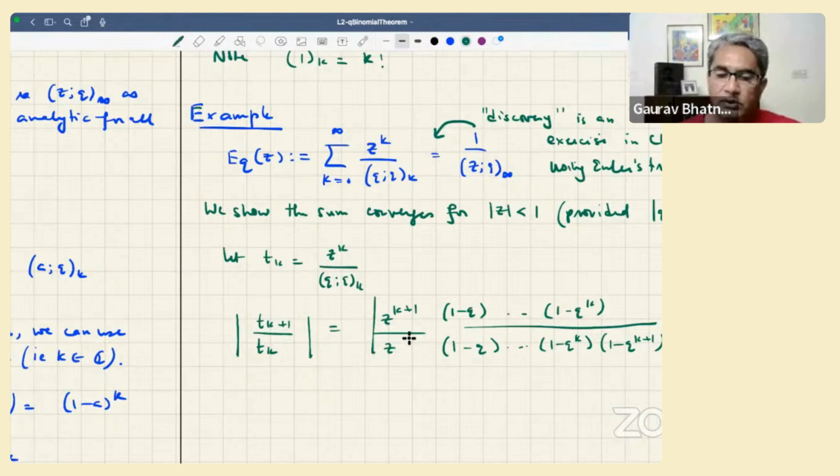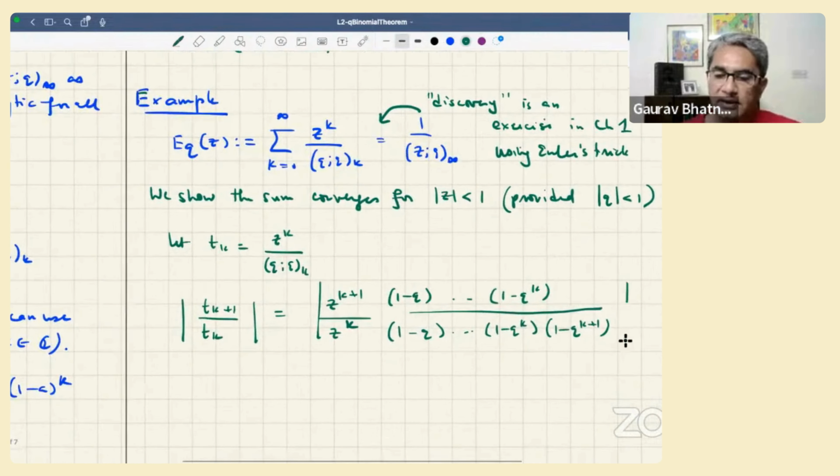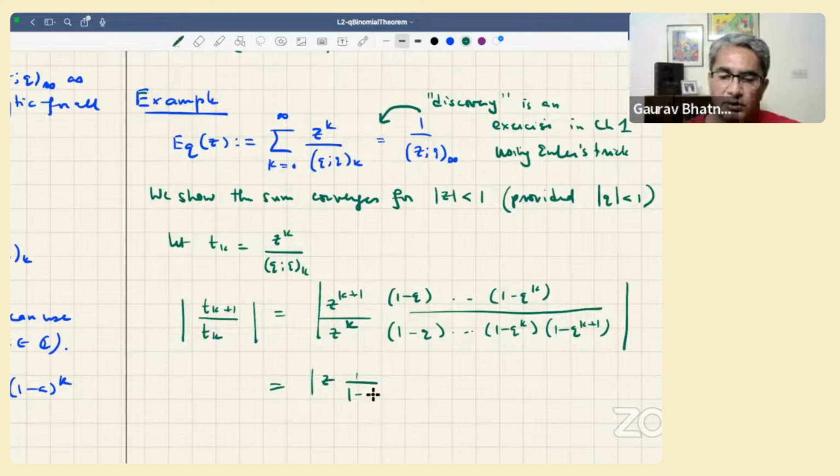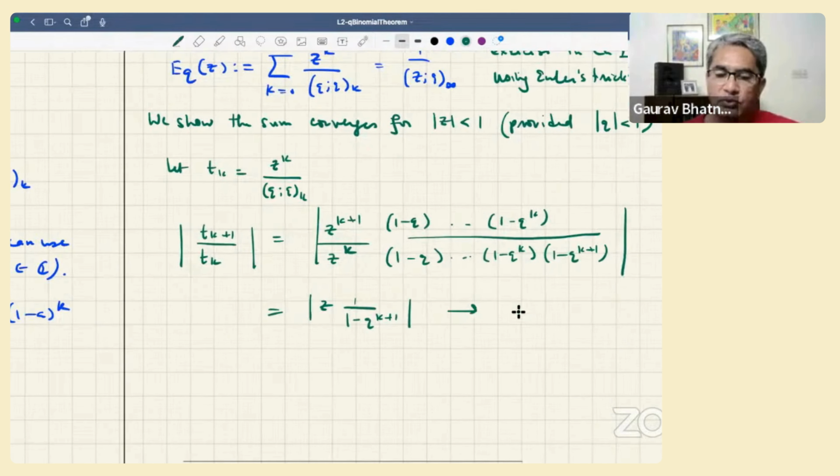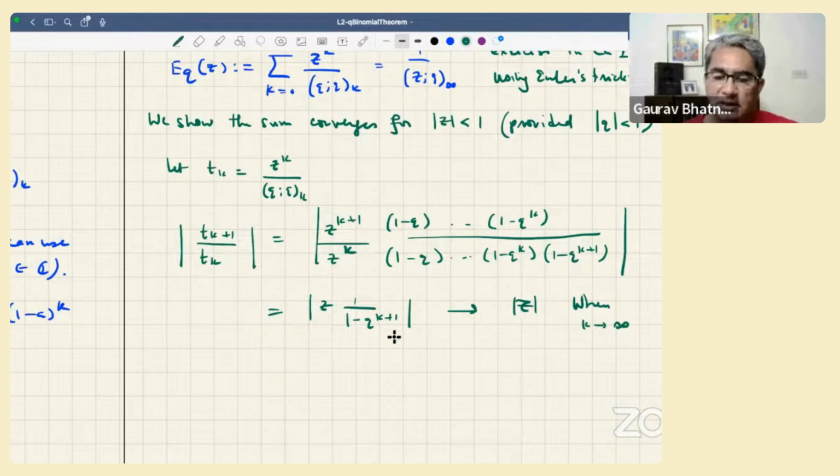The whole thing is inside an absolute value. So most of these cancel and you get z over 1-q^(k+1). And this goes to the absolute value of z when k goes to infinity, because q^(k+1) goes to 0.